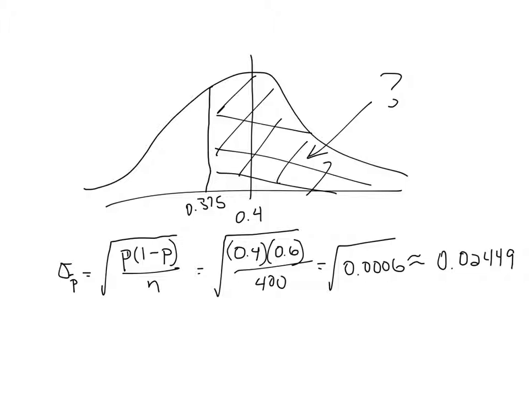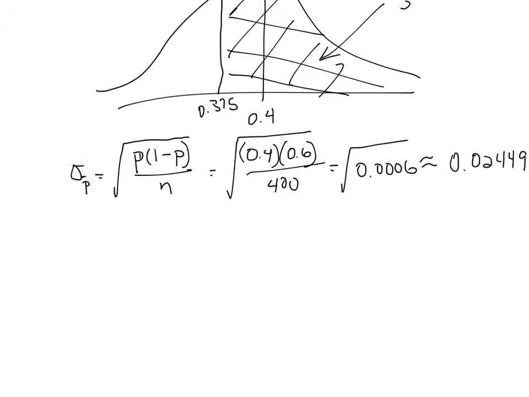So now since we have the sigma sub p bar, we can calculate the z-score. So let's try to do that.